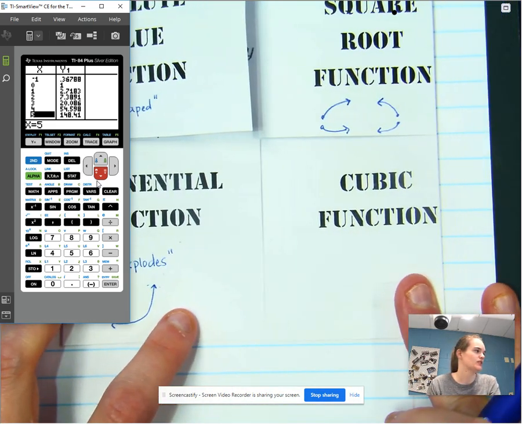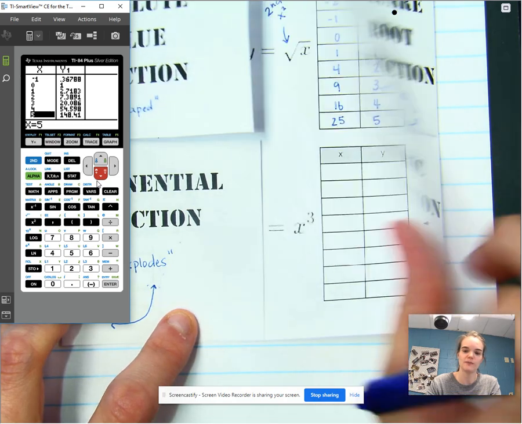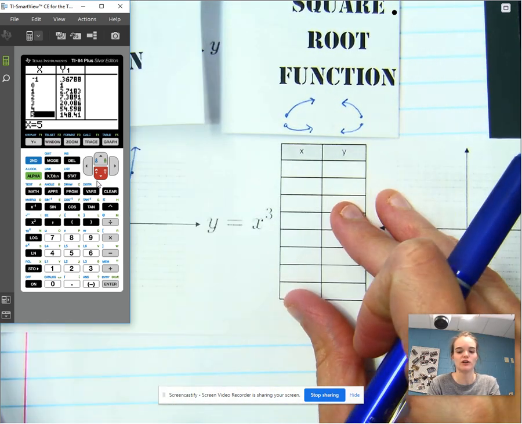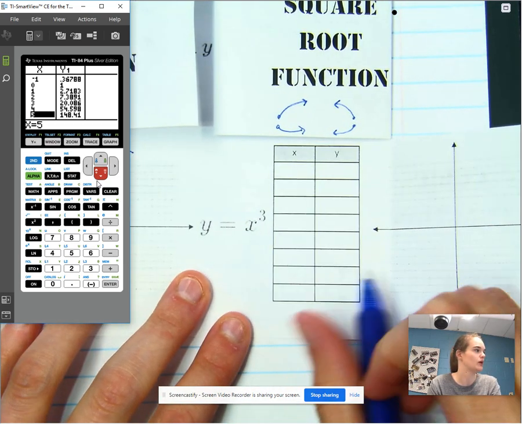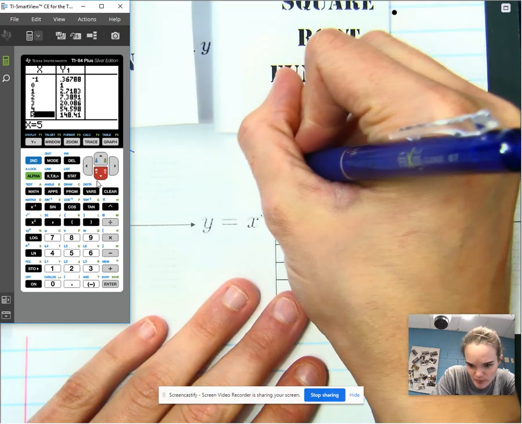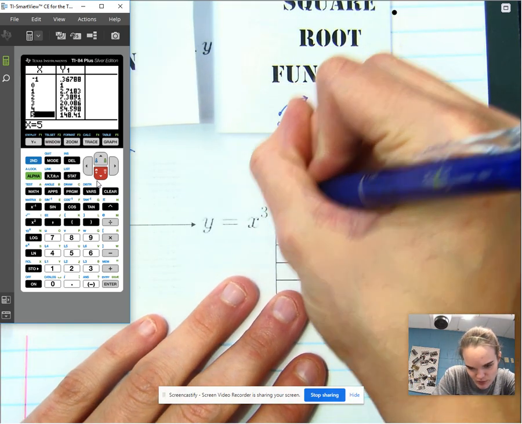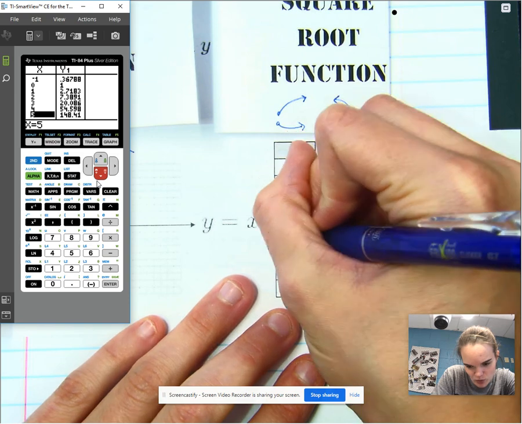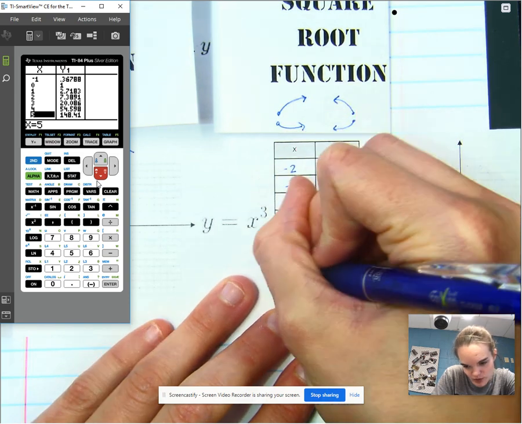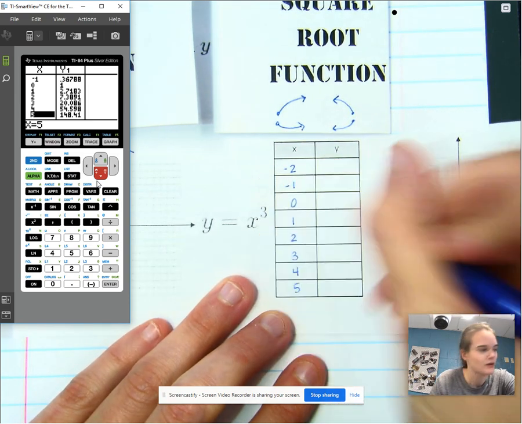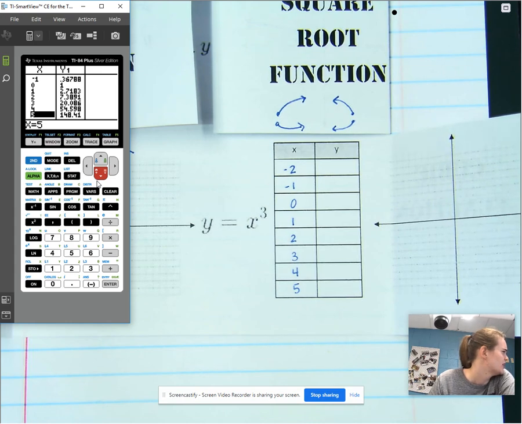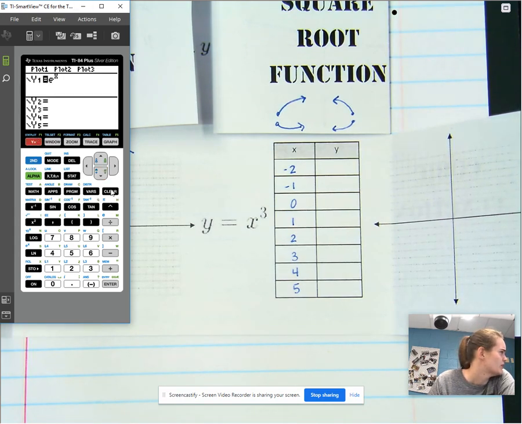All right, last, let's talk about a cubic function. A cubic function is a cubic function because it's got a 3, cubed, okay? Same numbers. Remember, we're only going to change those numbers if we find out that we could get some whole numbers. If we can't get whole numbers, we're just going to move on. Okay, let's take our calculator, go to y equals, and clear this out.